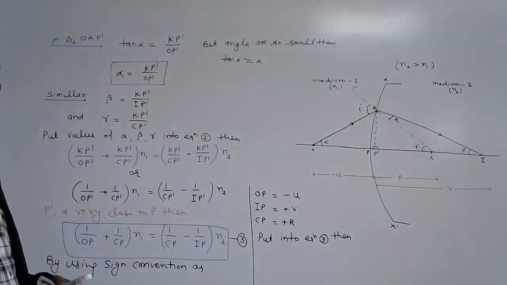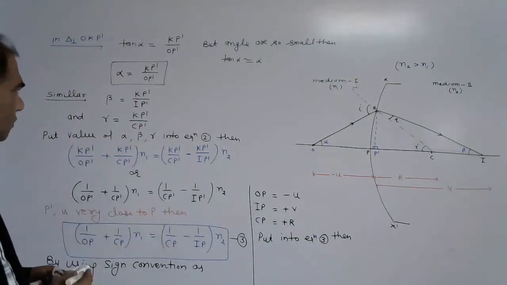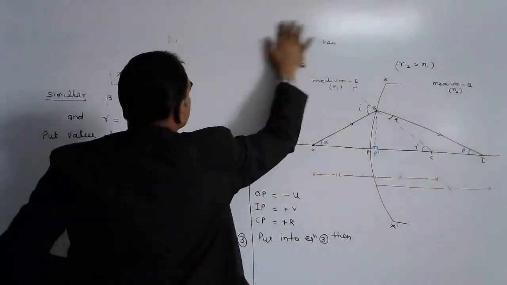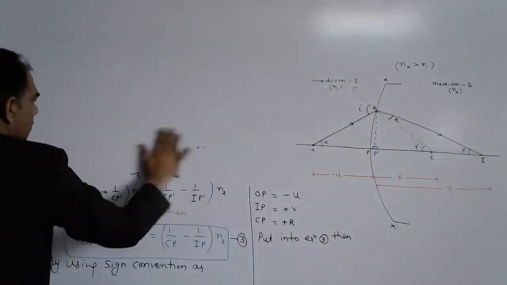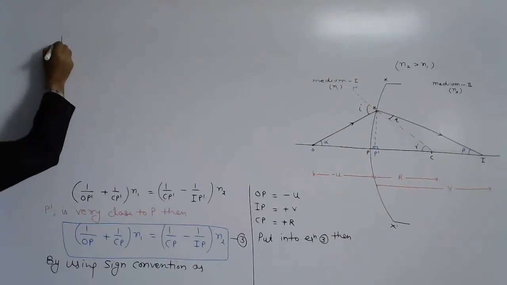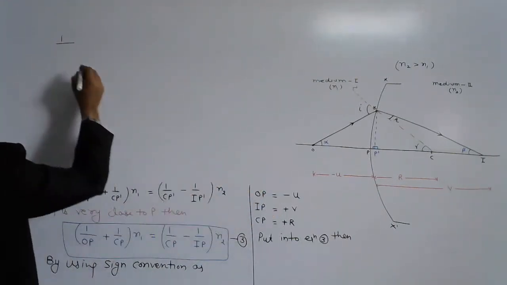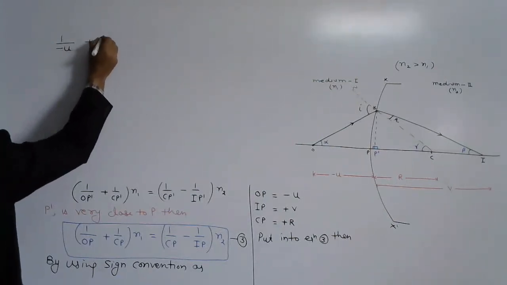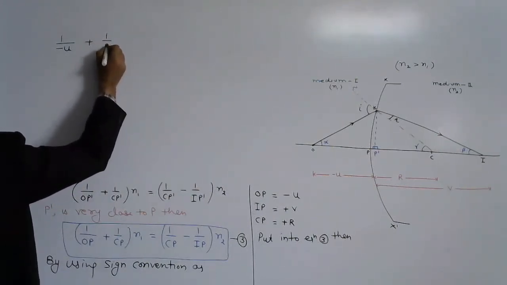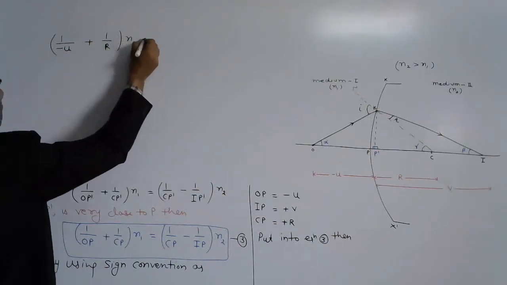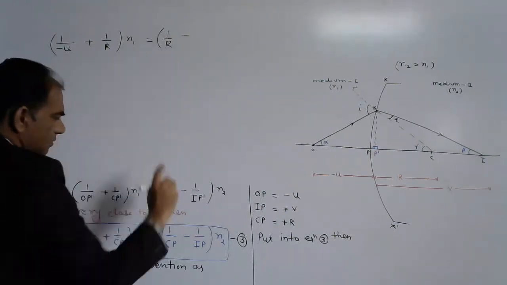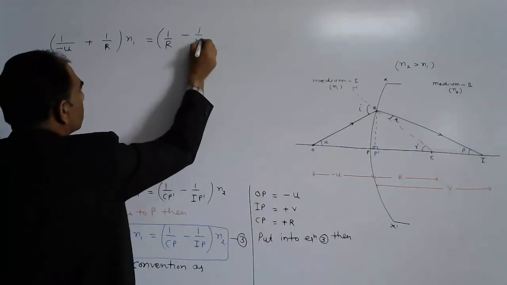After putting the values, we get 1 upon OP, OP is minus u, so minus u, plus 1 upon CP, CP is R, 1 upon R, positive, into n1 is equal to 1 upon CP, CP is R, minus 1 upon IP, IP is v, so 1 upon v into n2.